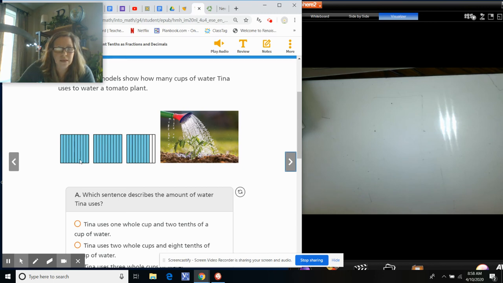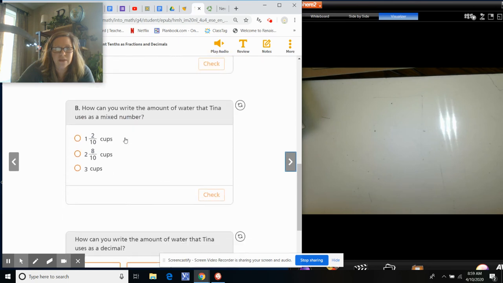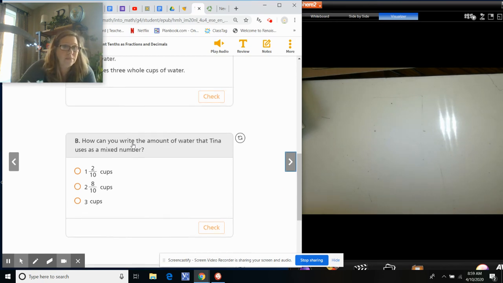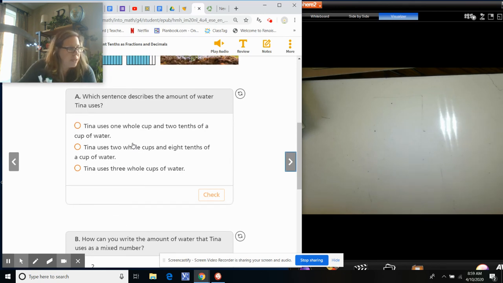We know this whole is colored in, we know this whole is colored in, but this one is only part. They want us to write a sentence that describes the amount of water Tina uses. A possible answer: Tina uses 2 whole cups, and if you counted all of those, that would equal 8 out of the 10. So she uses 2 whole cups and 8/10 of a cup, or 2 and 8/10 cups to water those plants.